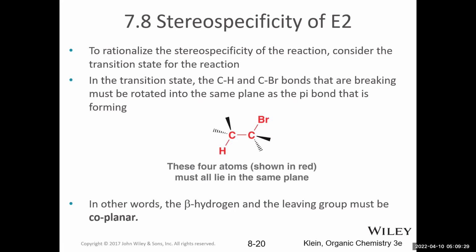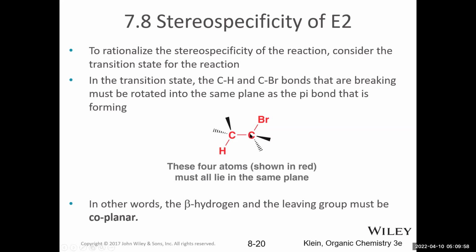That's because the orbital that the carbon is using to form a bond to the hydrogen currently is an sp3 hybridized orbital, but it will be transitioning to a p orbital as we start to form this pi bond. Same thing here, this sp3 hybridized orbital that's being used to form a bond to the bromine will also be transitioning into an unhybridized p orbital.